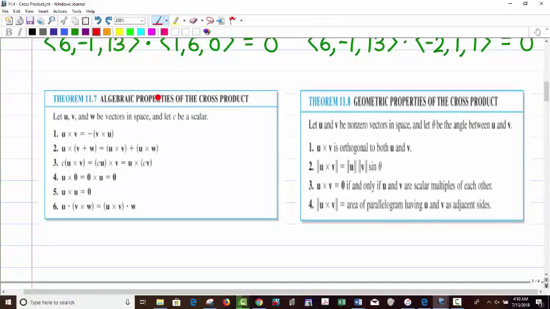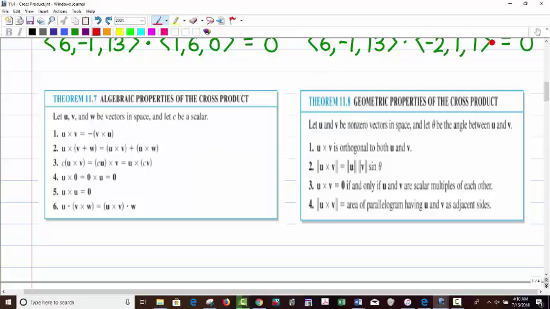So let's take a look at some of these properties. u cross v equals the negative of v cross u. So if you reverse the two vectors when you cross product, it will give you the negative of your previous result.